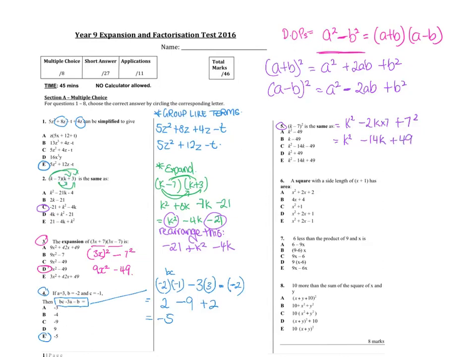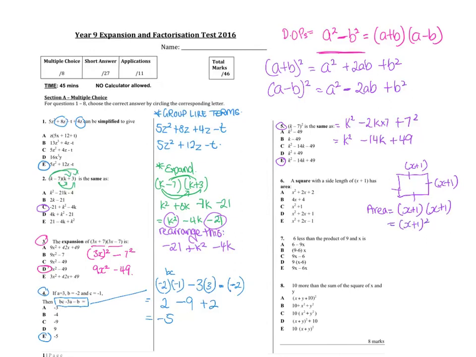So we get E. Now with the next question, a square with the side length of x plus 1. If it's a square, it means all the sides have the same length, so x plus 1. And if we think of the area of a square, it's always the length squared. So you could say it's (x plus 1) times (x plus 1), or you could say it's (x plus 1) squared.